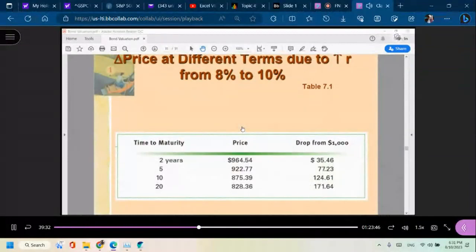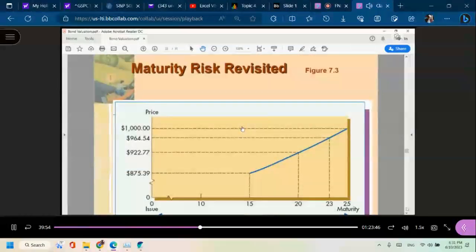Here's another example of a change in price at different terms due to an increase in interest rate from 8 to 10%. As you read the table, you can see how severe the impact is. So maturity risk is graphically represented.